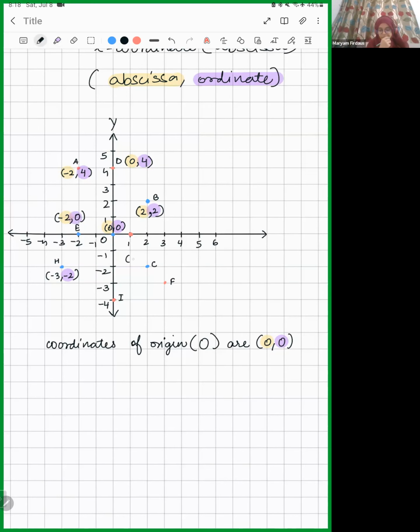Then you have to move 2 units in the negative y direction. So what should I write the ordinate as? The ordinate is negative 2. Very good. -2. Is that clear to everyone?